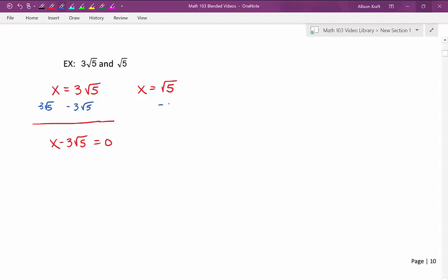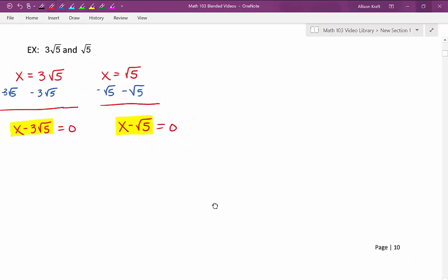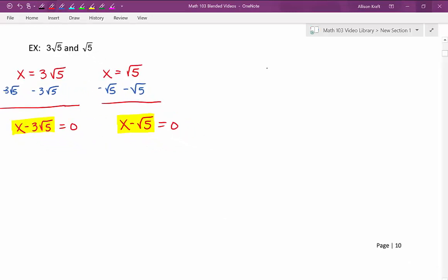For the other equation, we'll subtract square root of 5 from both sides. This gives the equation x minus the square root of 5 equals 0. We have our two factors, x minus 3 square root of 5 and x minus square root of 5. These factors multiplied together will be equal to 0.